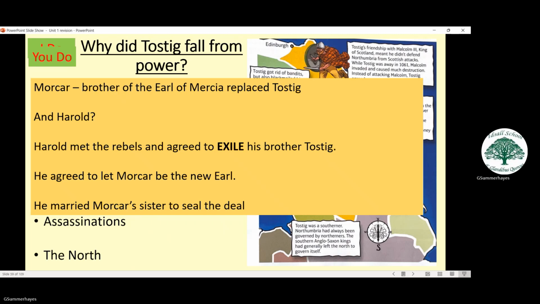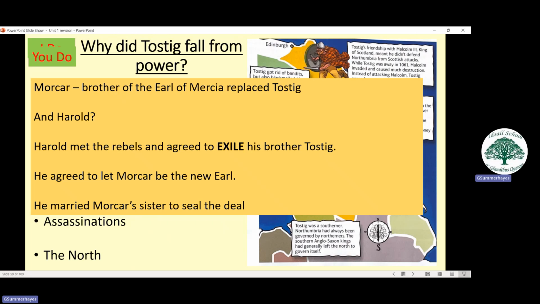The king down south had to make a decision. He really wanted to crush the rebels and sent Harold up there to do that and help Tostig out. But Harold actually met the rebels, agreed to their demands, and agreed to kick Tostig out, his own brother. Whoa!